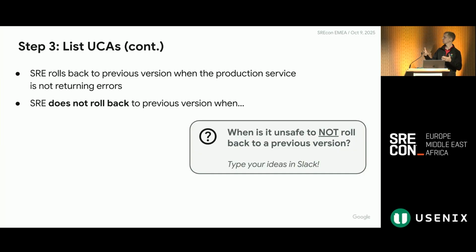So it would start like SRE does not roll back to previous version when blank. And go ahead and type your ideas in the Slack. When is it unsafe to not roll back?